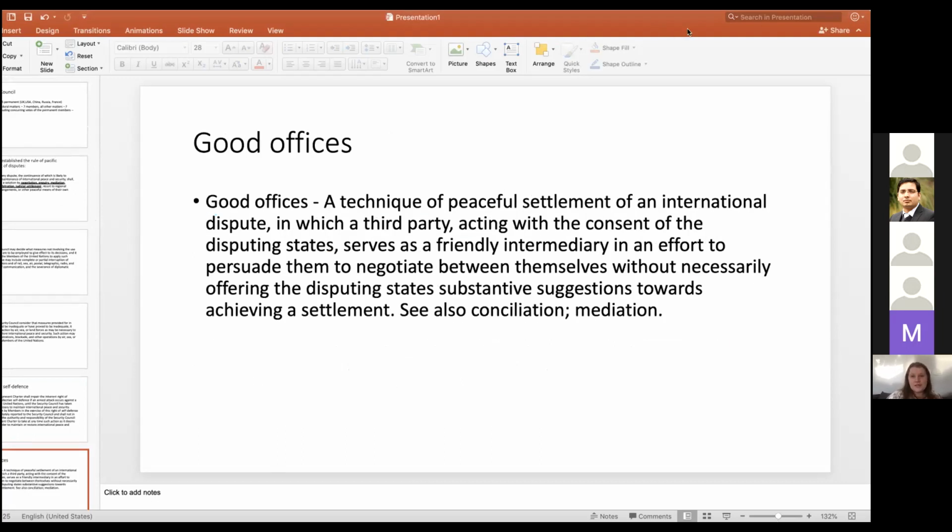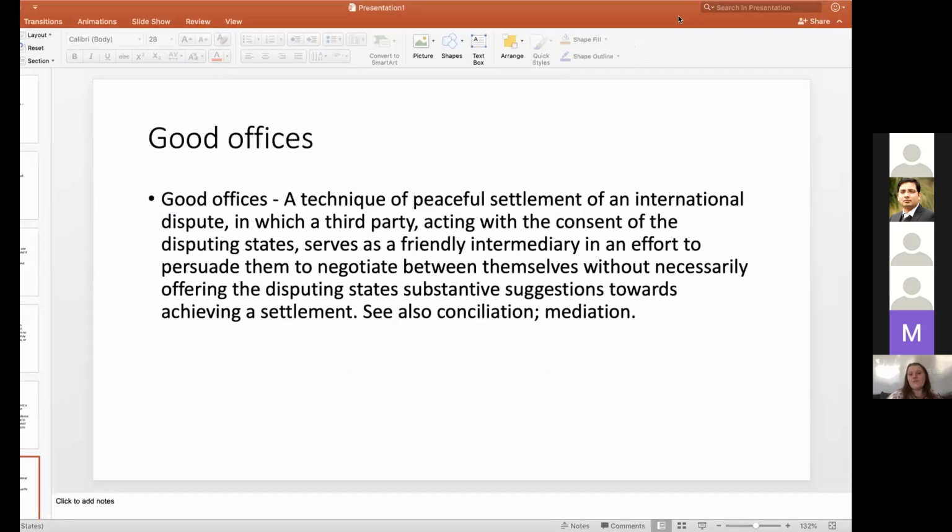The good offices is a technique of peaceful settlement of an international dispute in which a third party, acting with the consent of the disputing states, serves as a friendly intermediary in an effort to persuade them to negotiate between themselves, without necessarily offering the disputing states substantive suggestions towards achieving a settlement.